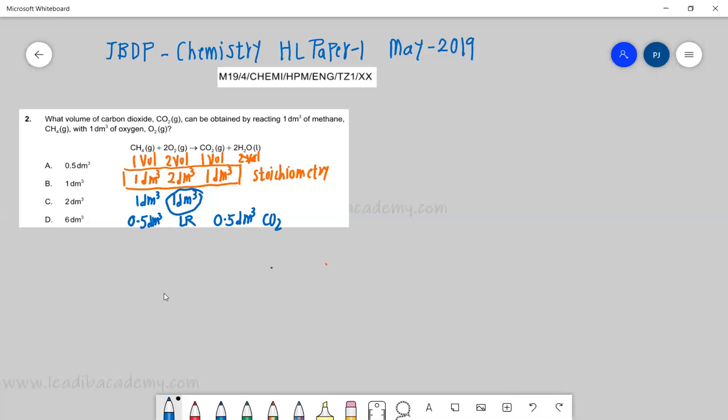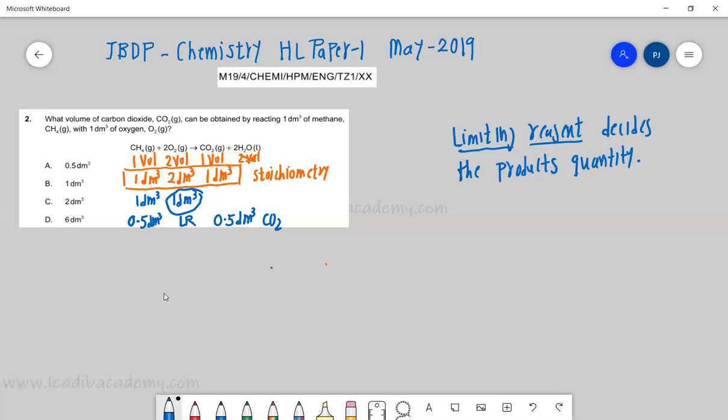Simple. Please remember the concept is of limiting reagent. The limiting reagent decides the quantity of products. So always in stoichiometry, the limiting reagent concept plays a very, very important role.